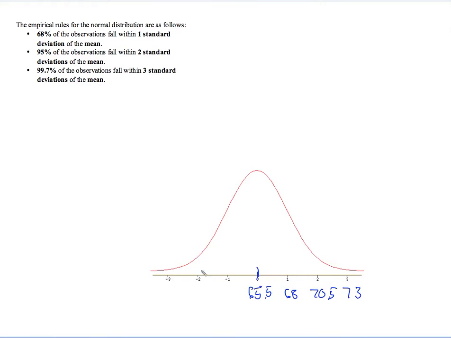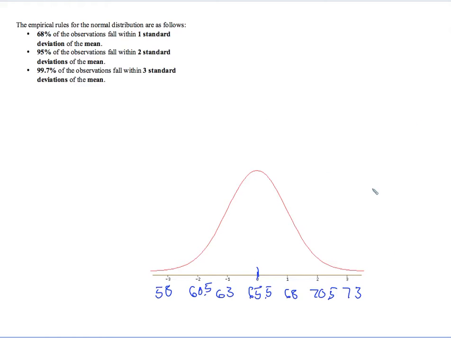And if you subtract 2.5, that's 63. Then you subtract another 2.5, you get 60.5. And you subtract another 2.5 and you get 58.